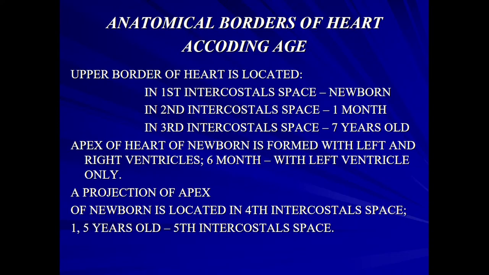Anatomical borders of the heart according to age. The upper border of the heart is located in the first intercostal space in a newborn baby, in the second intercostal space in the first month of life, and in the third intercostal space up to 7 years old. The apex of the heart of a newborn is formed by the left and right ventricles.